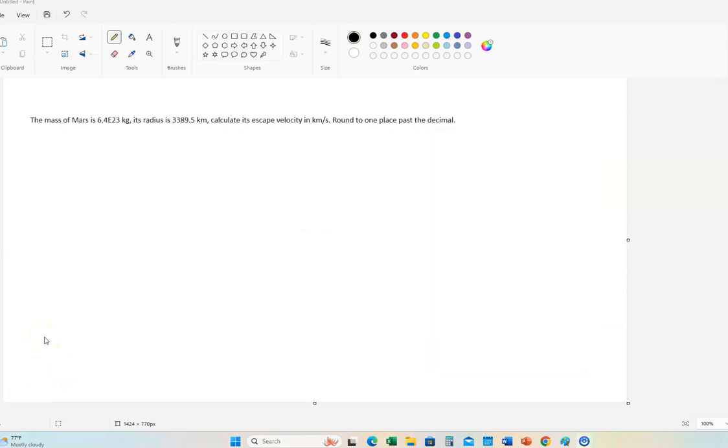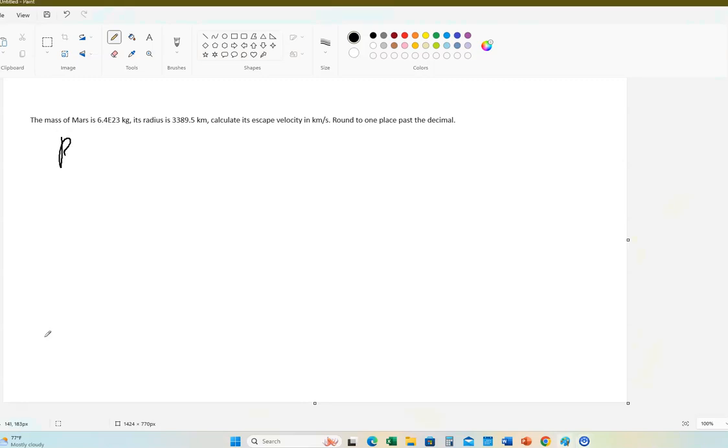Just like we did for Mercury and Venus, we're now going to do Mars. The escape velocity, of course, we already know that the radius has to be in meters. So the average radius of Mars is 3389.5 kilometers. Actually, let me say something about this real quickly.